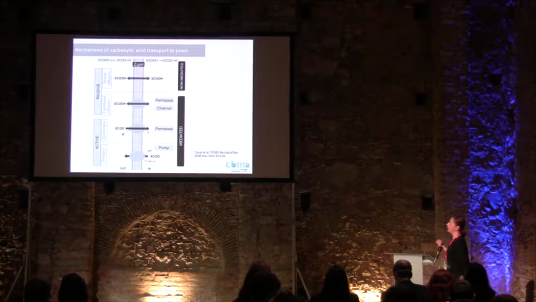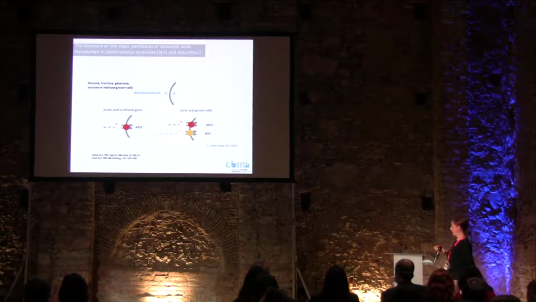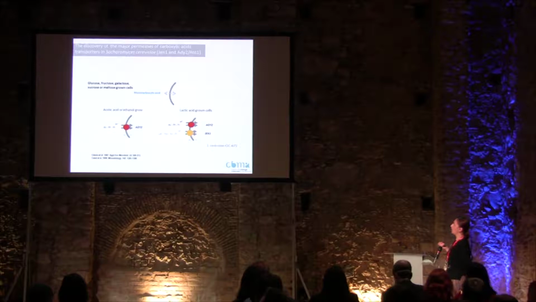In our group, we are focused on the study of permeases. Our model system is Saccharomyces cerevisiae, and when yeast cells are grown on media containing acetic acid or lactic acid, we have the expression of these transporter systems.